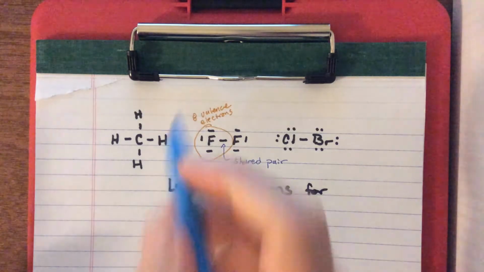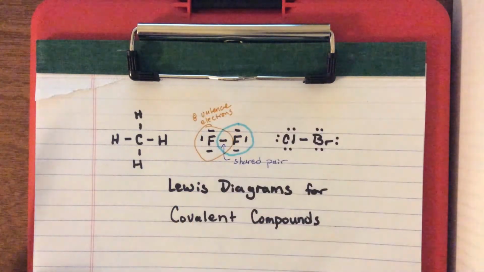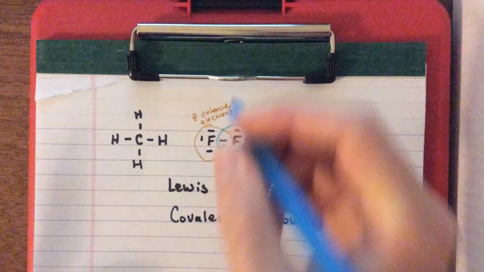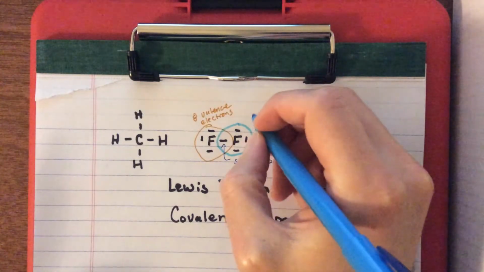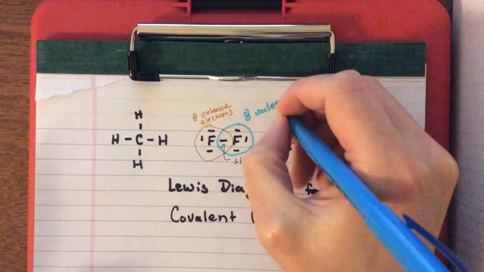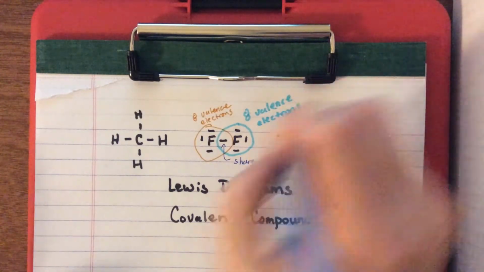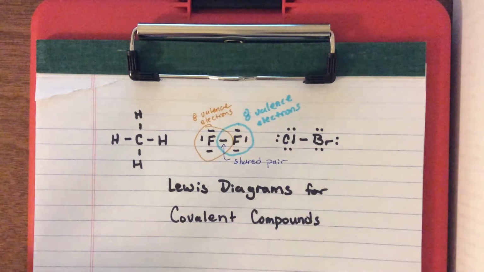Its neighbor also counts both of those shared valence electrons. And so by sharing these valence electrons, it enables each atom to get to the 8 that it needs in order to be stable.